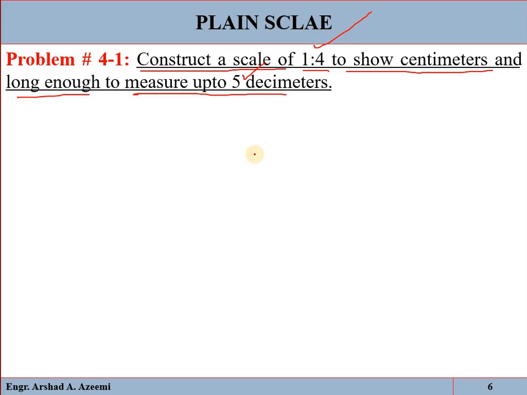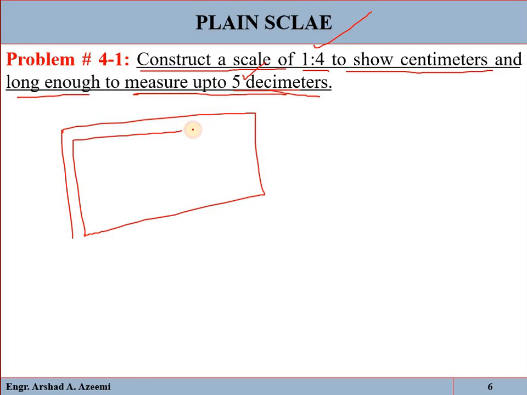So we have to construct a scale through which we can measure 5 decimeter distance, that is, transform this much distance from the drawing into the actual dimension. Okay, suppose you have a sheet of paper, and this is the border line.